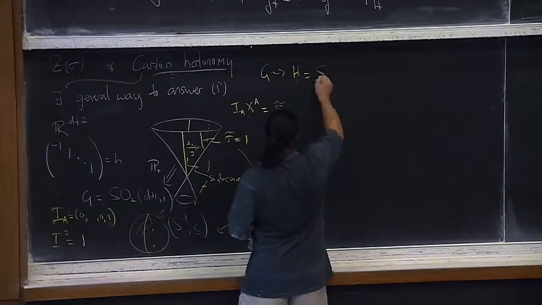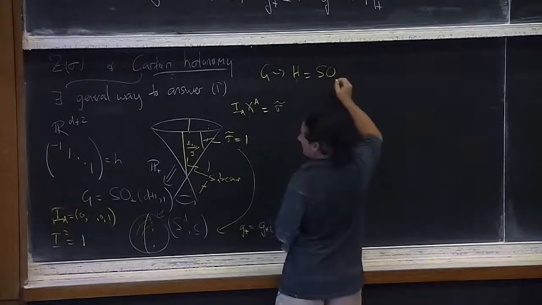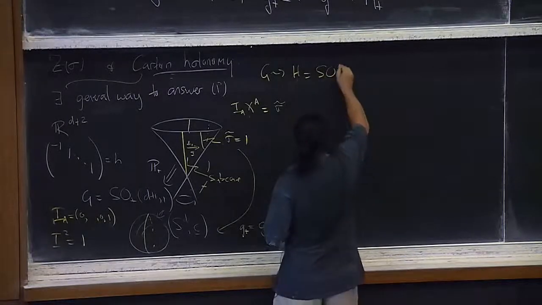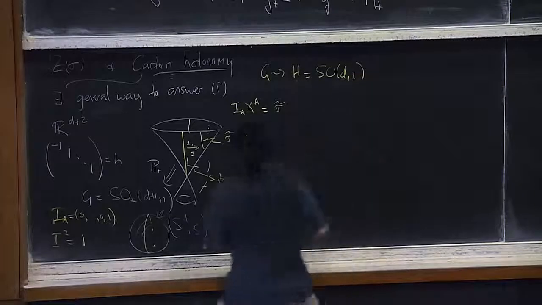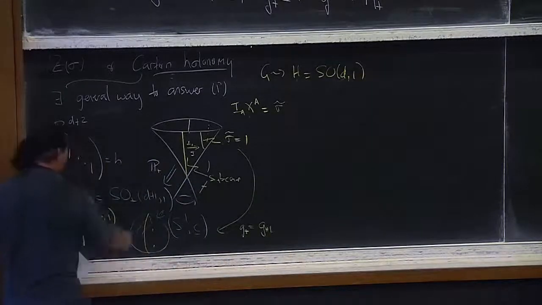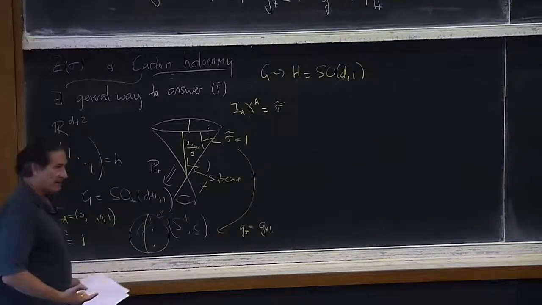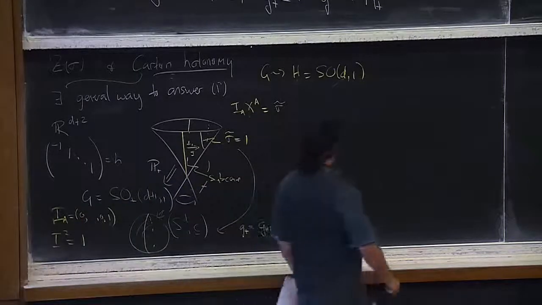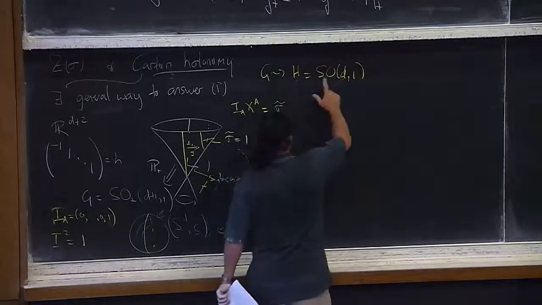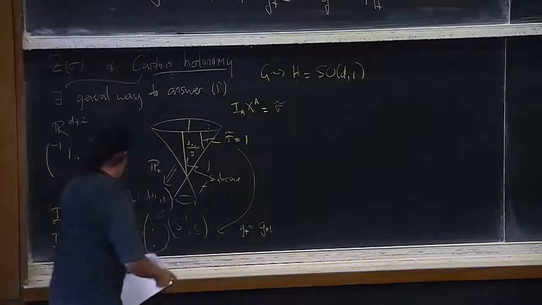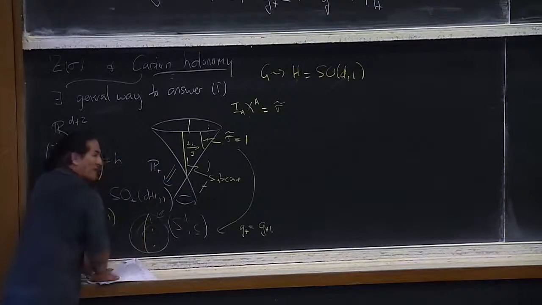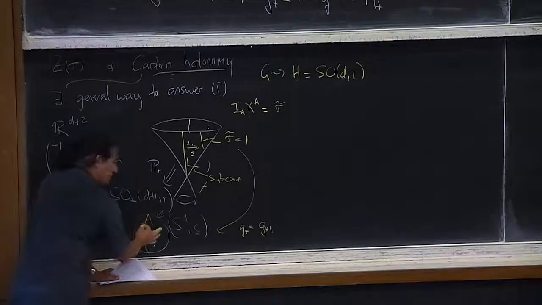So this is going to be a copy of SO(d,1). Because it's space-like, it'll knock off one of those parts of the group, if you like. And now what's happening here is this is the orbit decomposition of the sphere under H. So it has two open orbits and a closed orbit.